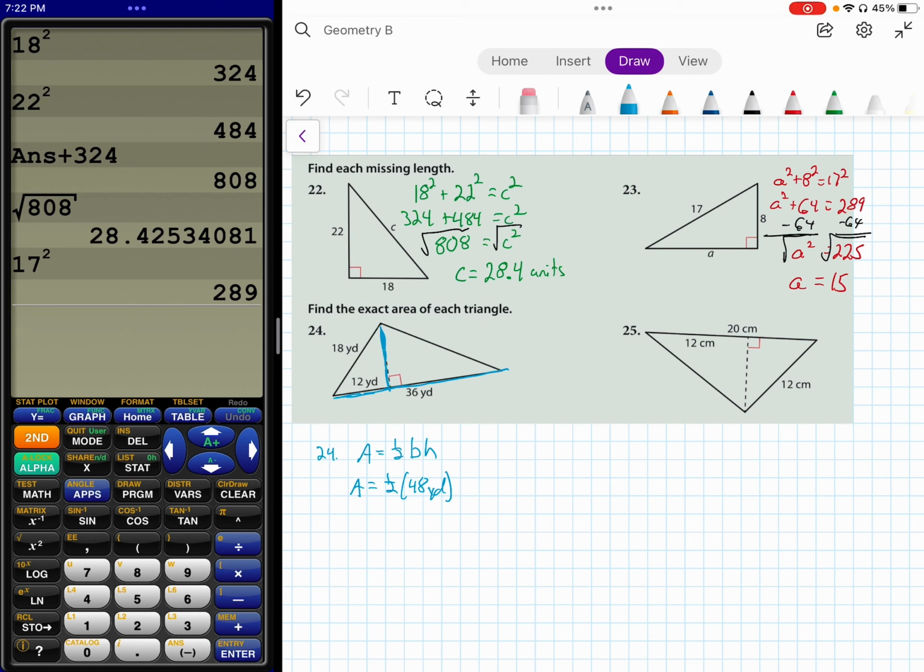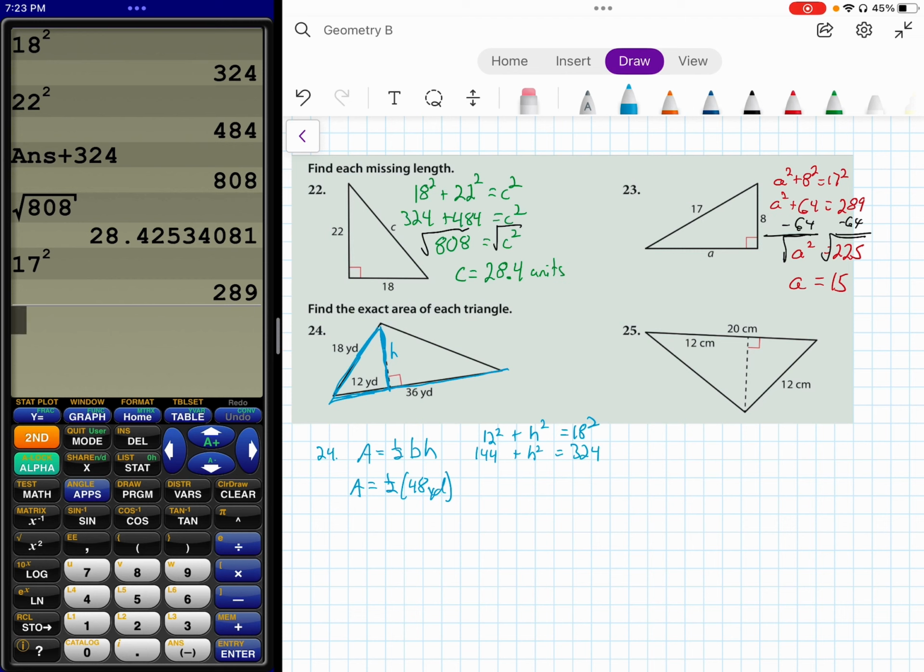And what we can do is we can actually look at this triangle. This is a right triangle, and we can find the height because it's one of the legs. So we can, off to the side, we'll do 12 squared plus h squared equals 18 squared. This is 144. From the problem above, we saw that 18 squared is 324.